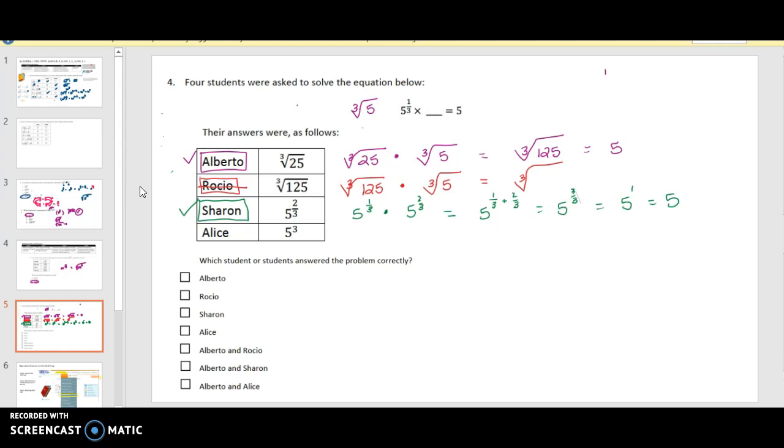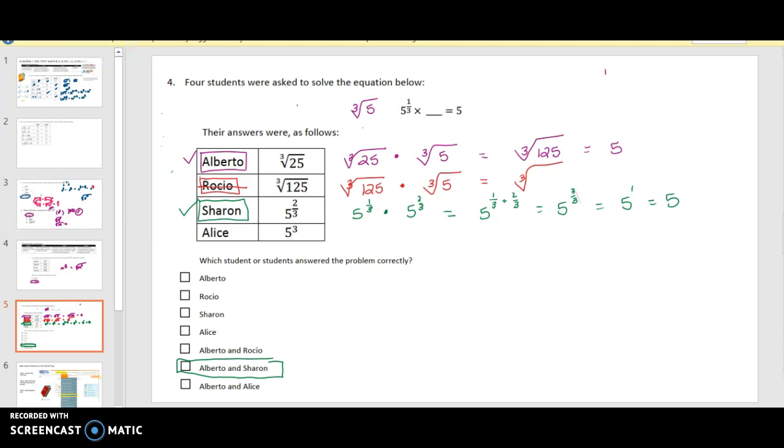So Sharon is right as well. If it's 5 to the 3rd power, it's the same process, and it's not going to give you 5 because we already determined the exponent that will work. So Sharon and Alberto are the ones that are correct.